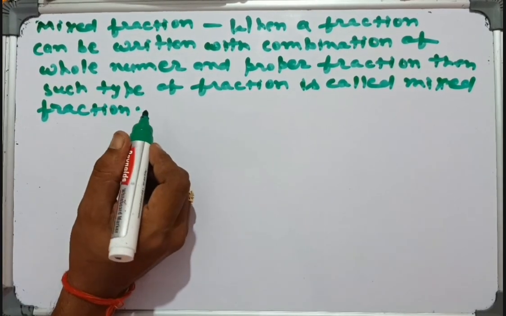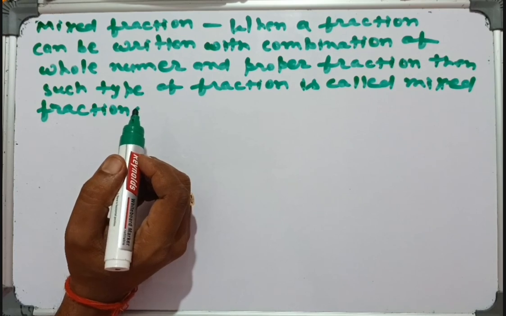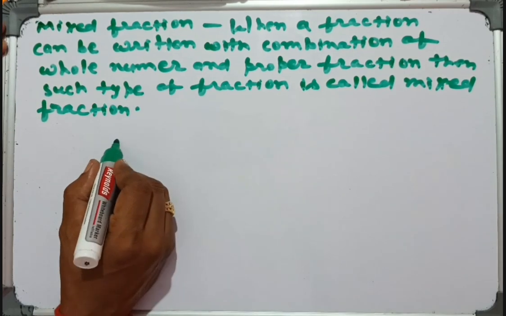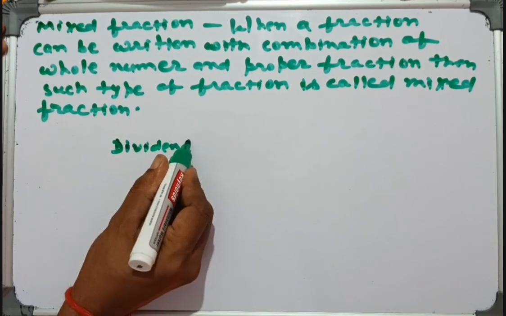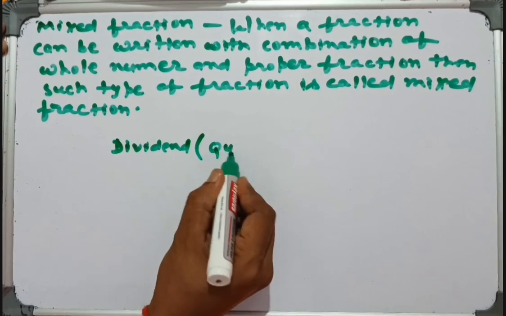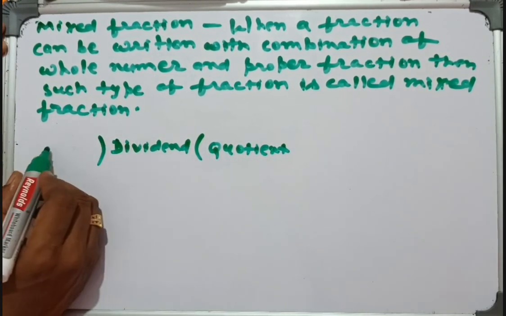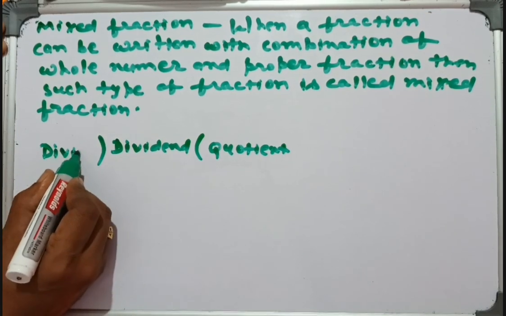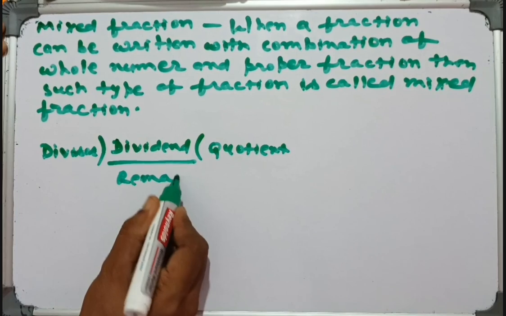Before going into more detail, you should just revise division. Here first we write the dividend, then here we write the quotient, here we write the divisor, and here we write the remainder.